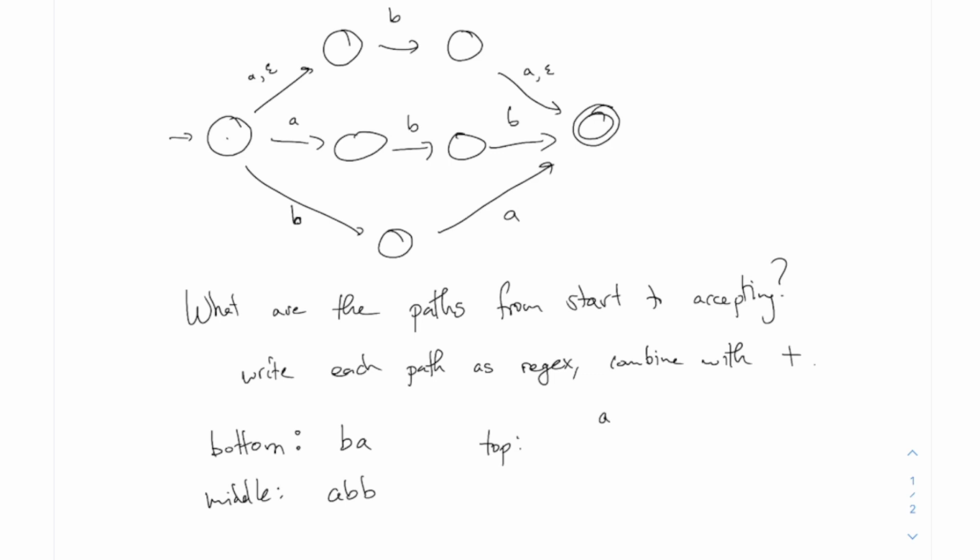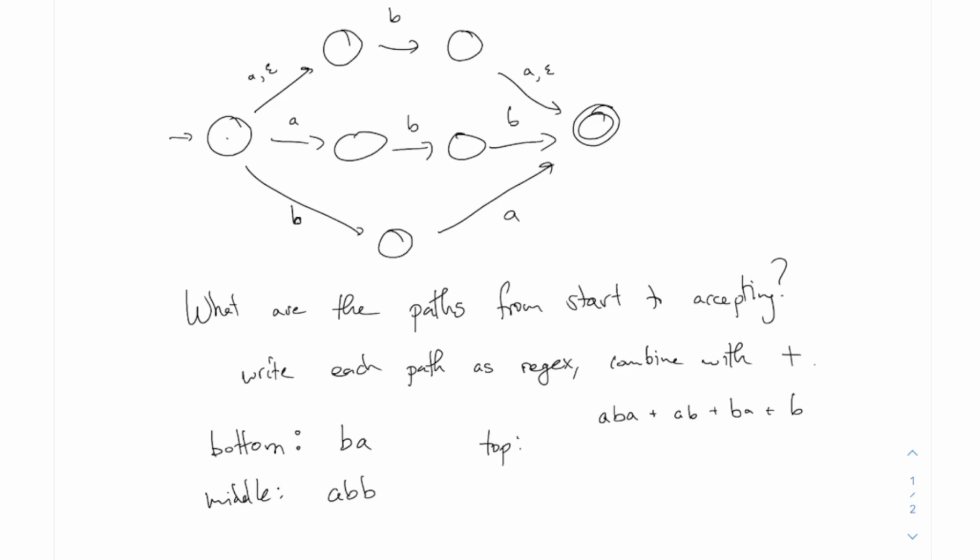You could do A, B, A, or you could do A, B followed by epsilon, or you could do B, A followed by epsilon, or you could do just A. I think that's it. Are those all the possibilities? Just B. Just B, yeah, not just A, just B is what I meant. Yeah, thanks. So you could write that for the top.